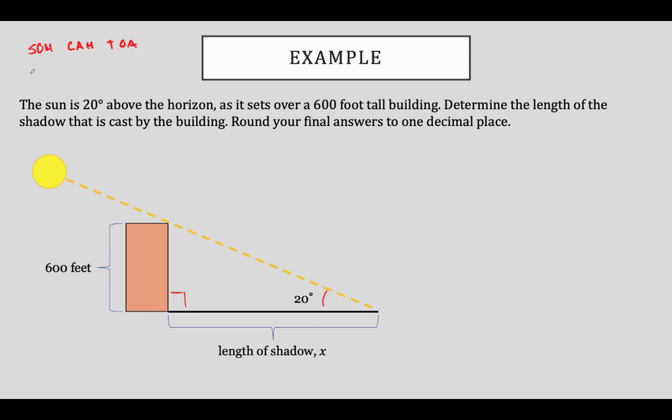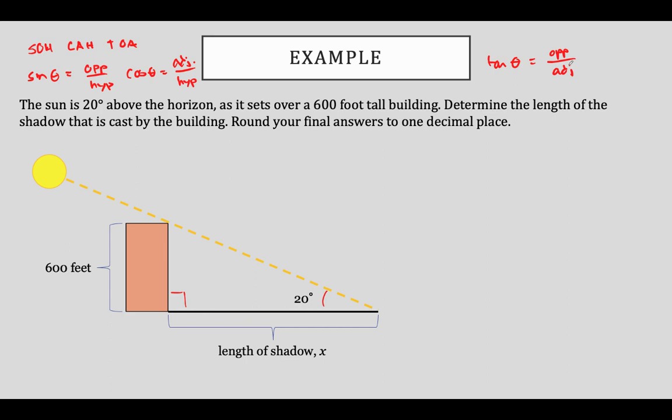What does this mean? Well, sine of theta is equal to the ratio of our opposite side divided by our hypotenuse. The cosine of an angle theta is equal to the ratio of our adjacent side divided by our hypotenuse. And tangent of theta is equal to the ratio of the opposite side divided by the adjacent.